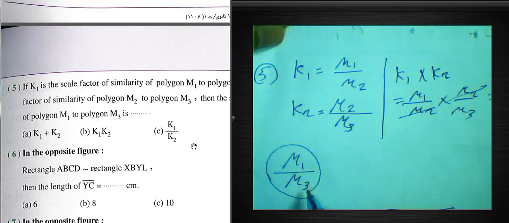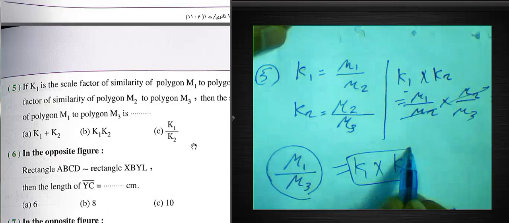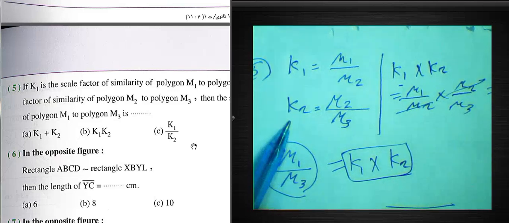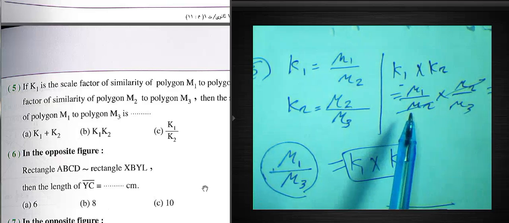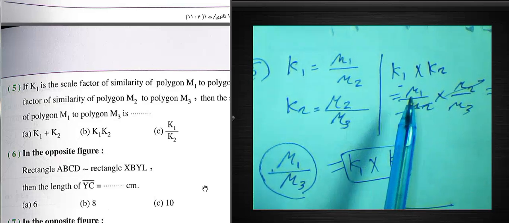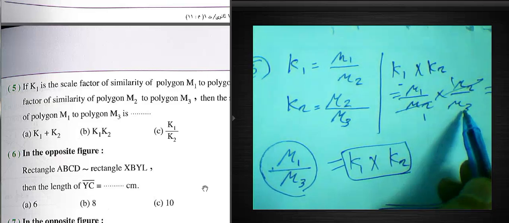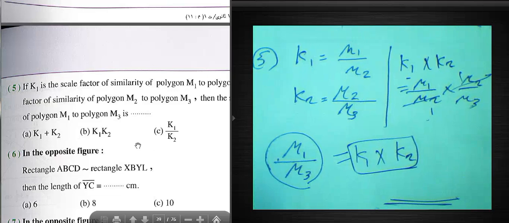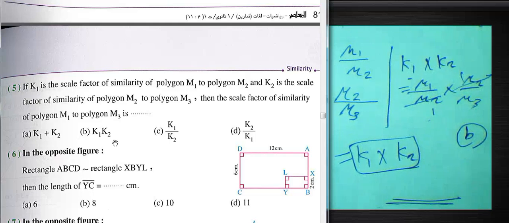M1 over M3 equals K1 multiply K2, because we cancel M2 by M2. M2 over M2 equals 1. M1 multiply 1 equals M1. M3 multiply 1 equals M3. The result will be M1 over M3. So the result will be K1 multiply K2. So we will choose letter P for question number 5.